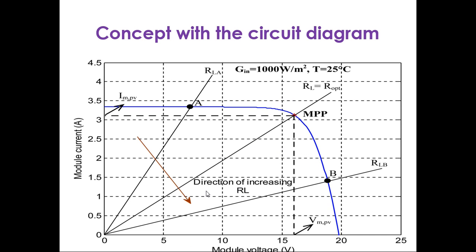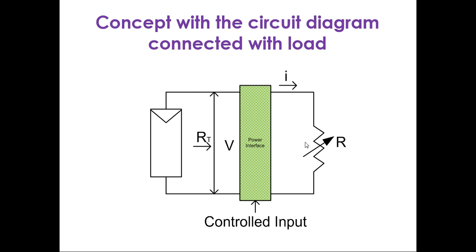So this is what has been plotted for the IV curve at various values of resistance, and you need to track this RL, that is the R optimum point, through an algorithm. Basically there are two types of MPPT algorithm.